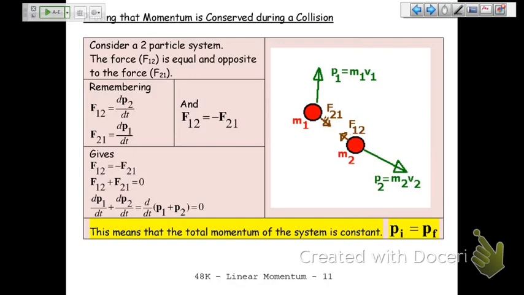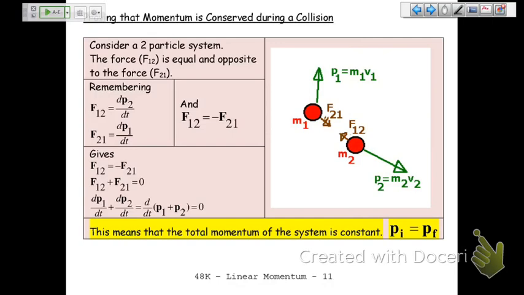So what that means is, consider a two-particle system. The force of 1 on 2 is equal to the force of 2 on 1. And if we remember, the force of 1 on 2 is dp2 by dt. I'm just saying force equals change in momentum, and force equals change in momentum. And I know that these are equal and opposite. If I sum them, there's no overall change.